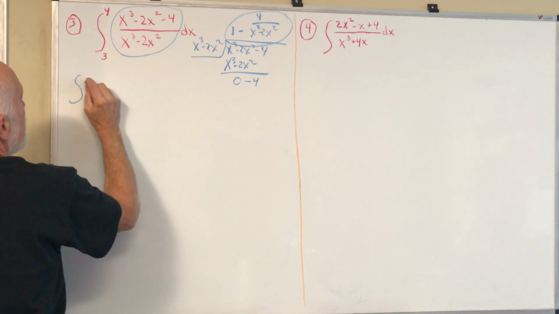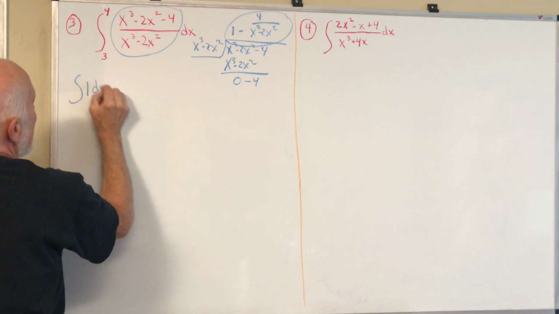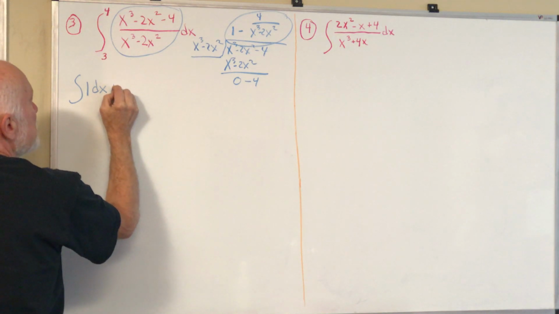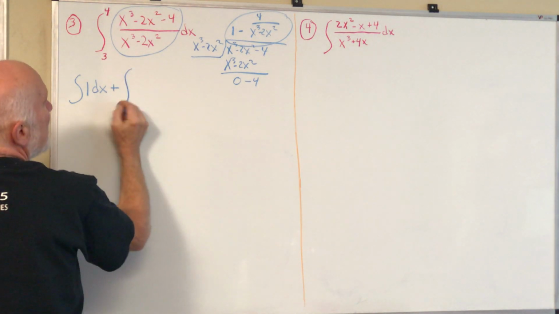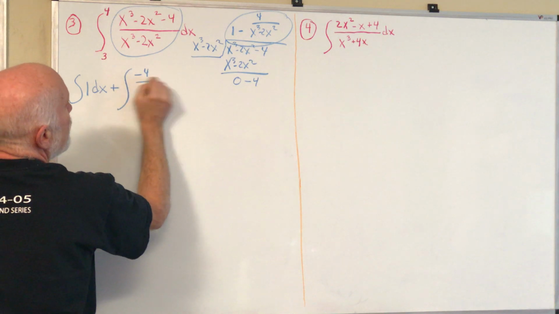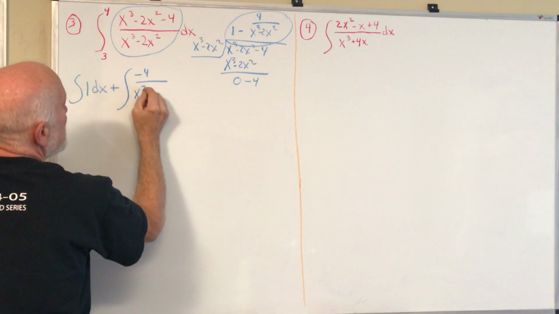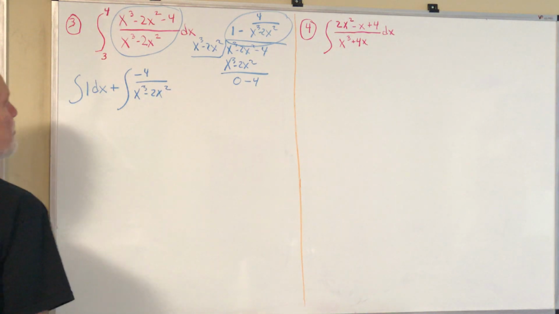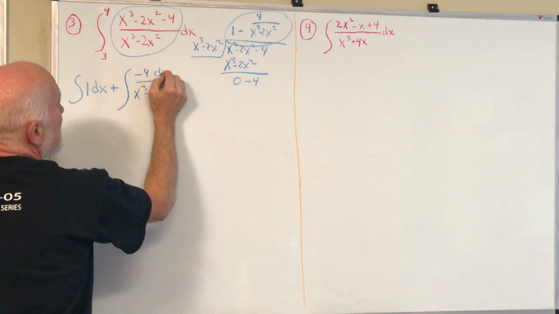So the integral of 1 dx, and then you have plus the integral of negative 4 over x cubed minus 2x squared dx.